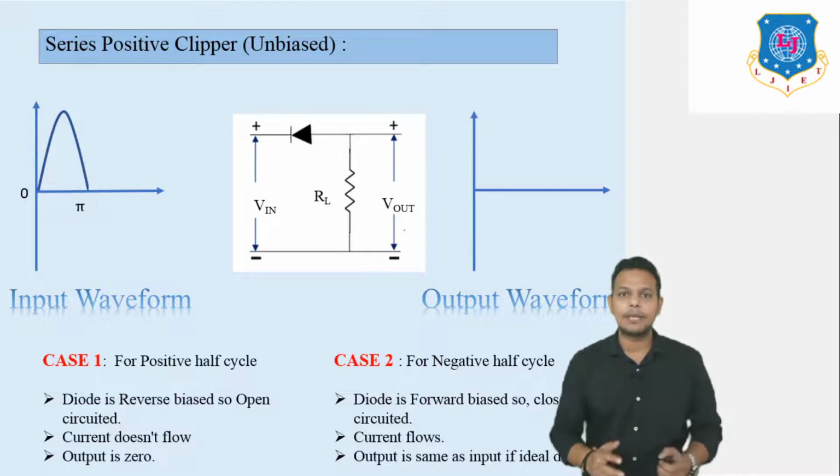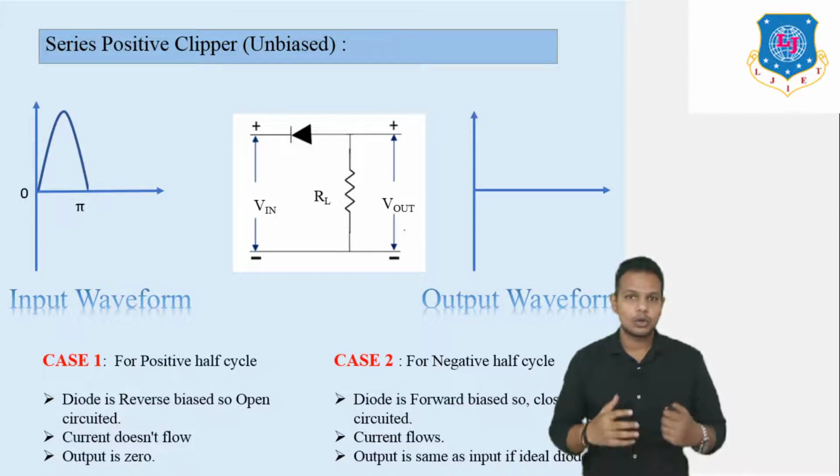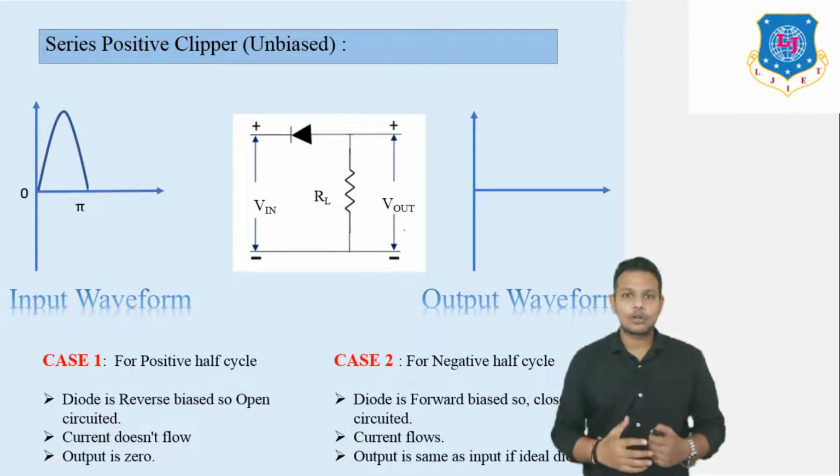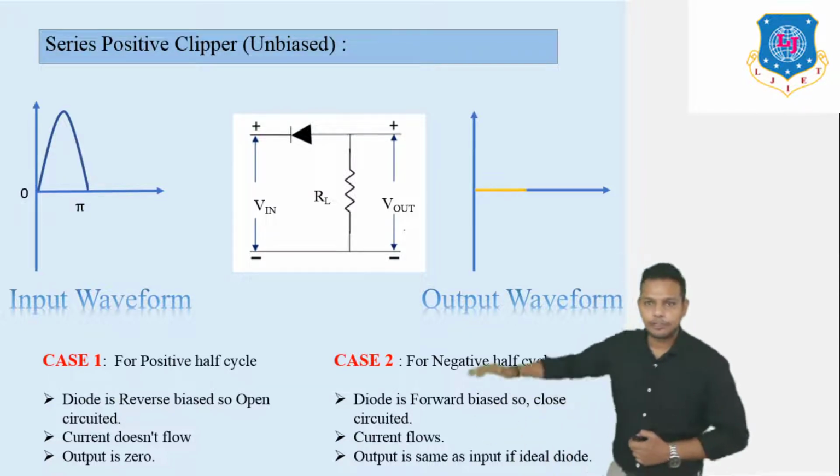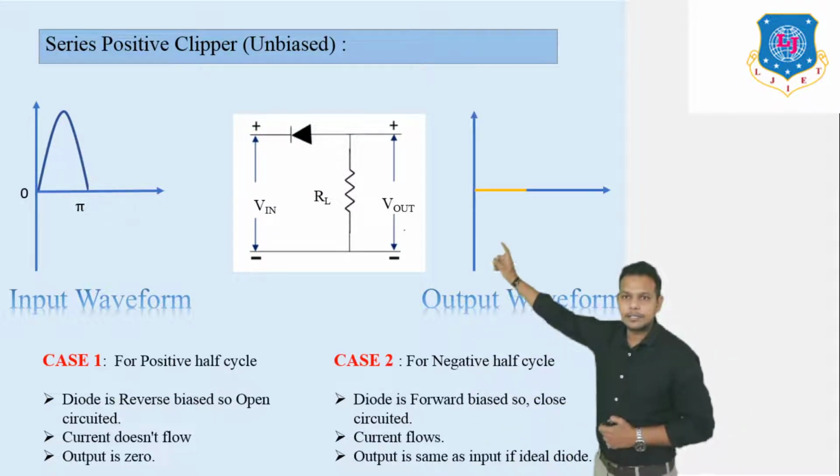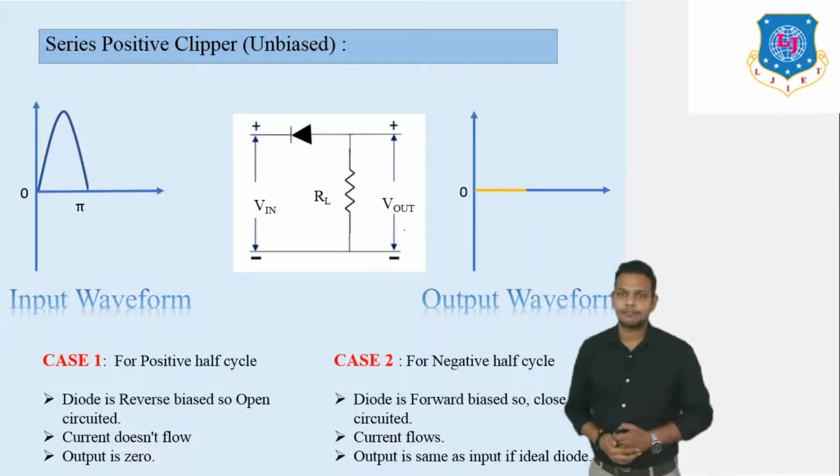That means it will be open circuited. So if your circuit is open, there is no flow of current, so you will get zero output. So for this we can see here, the output voltage will be 0.